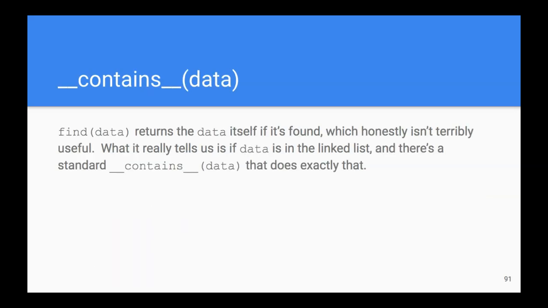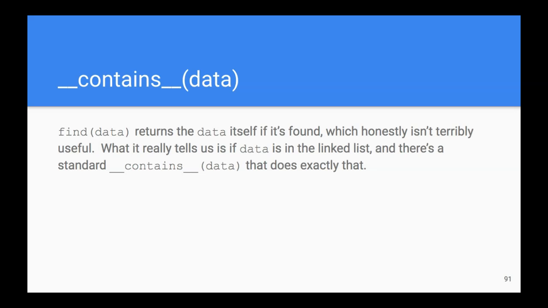So the next thing we want to do that is related to find: if you look at find data, it just returns data. So, we already know what we're looking for. So why bother just returning the thing that we're looking for?